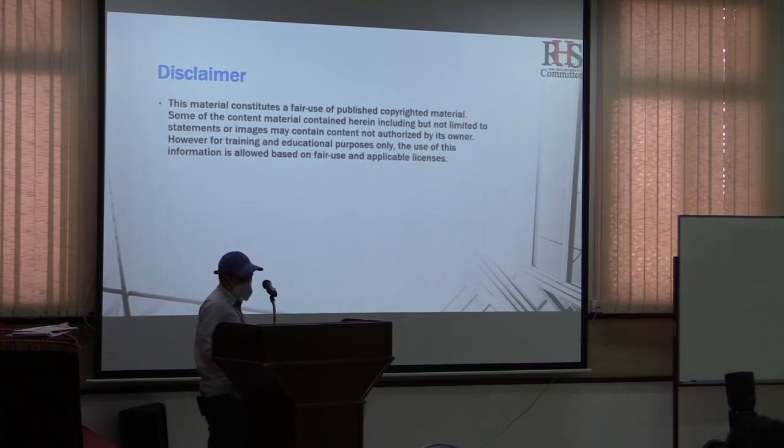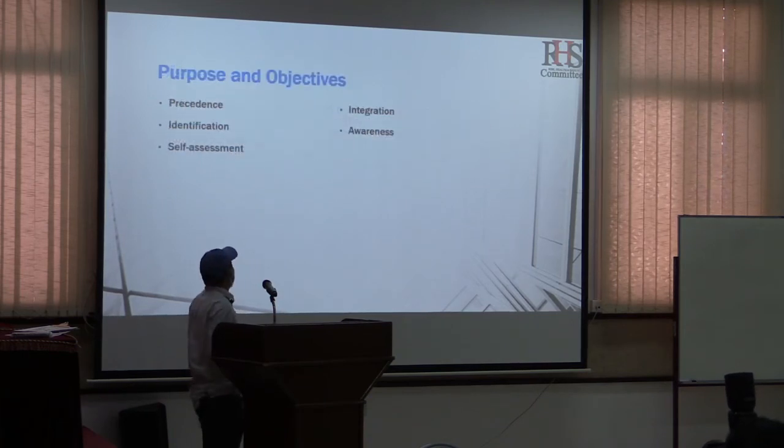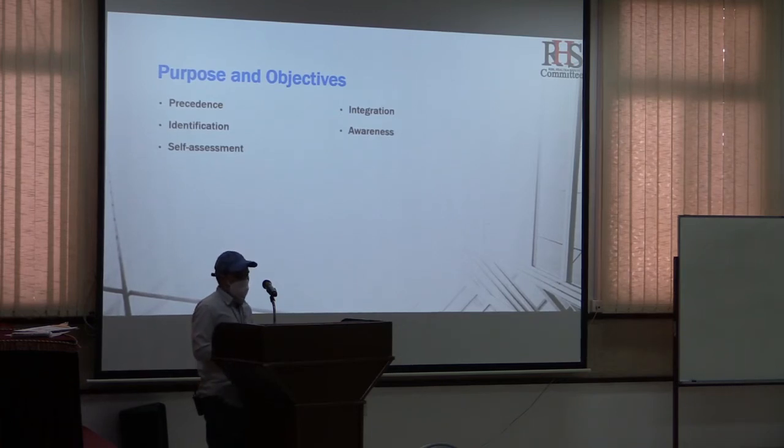So the purpose and objectives of this is because there's already precedence. And of course, when we talk about precedence, we are talking about the previous experiences that we have had within the campus, within our workplaces, especially when we are working within the laboratories and the workshops. And of course, when we are talking about this, we need to identify the different risks or the hazards that we have.